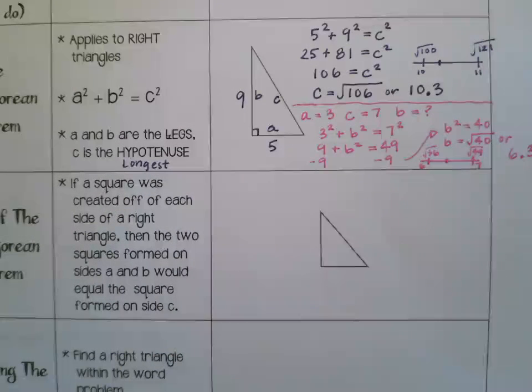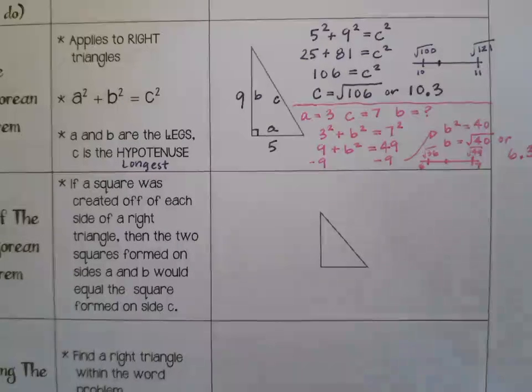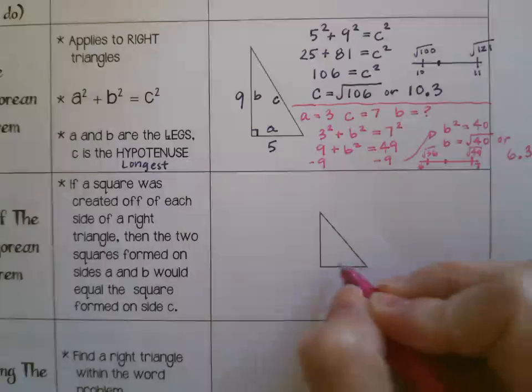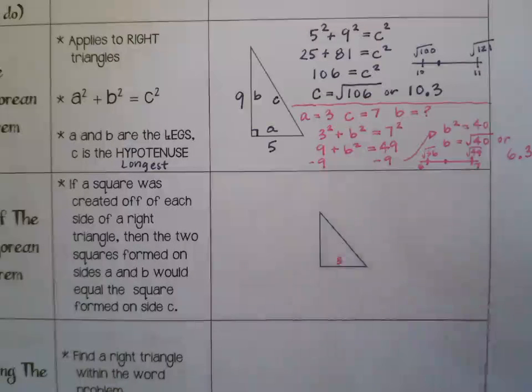Now you might be wondering how this even works and what this means. When I taught this, I used Skittles to show you that if we actually created a square off of each side, then the Skittles would be the same. I'm just going to sketch this out. Let's say that this side right here is 3.